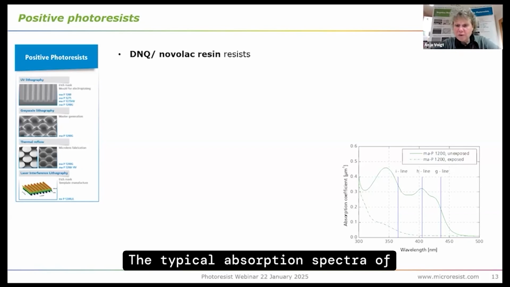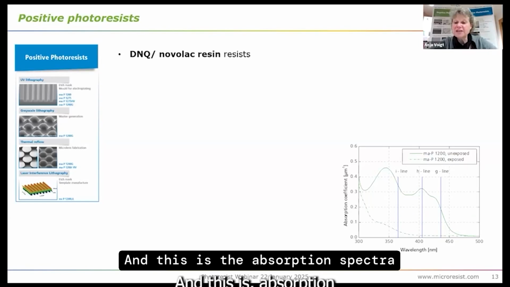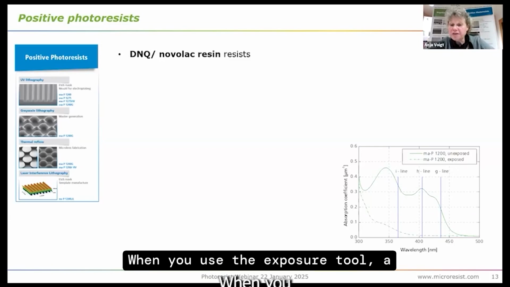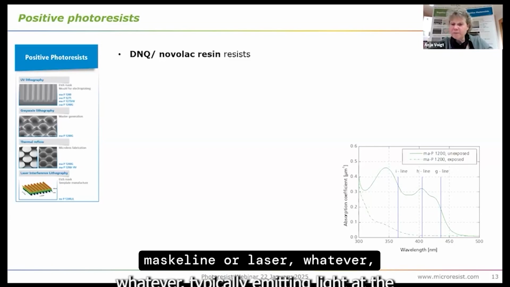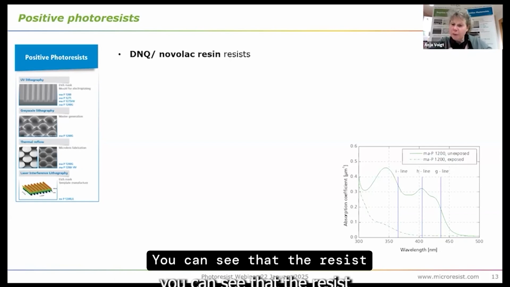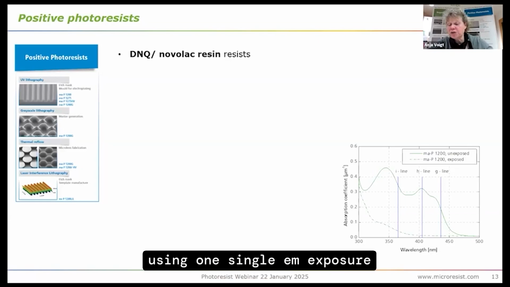The typical absorption spectrum of this kind of photoresist is shown here. It shows a high absorption between 300 and 450 nanometers. The solid line is the absorption spectrum of the unexposed material. When you use the exposure tool, mask aligner or laser, whatever, typically emitting light at the I line, H line, or G line, you can see that the resist perfectly absorbs the light and can react when you use all of these wavelengths in a mask aligner or just one single exposure wavelength.